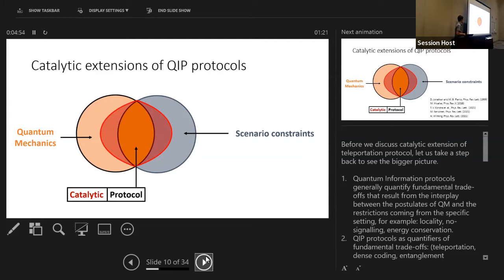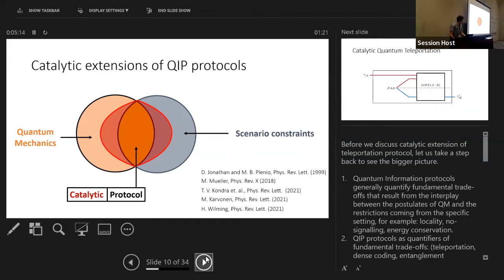This as a whole allows us to look at catalytic extensions of protocols, which try to get out of this orange region and lift certain restrictions, either those imposed by quantum mechanics or those imposed by the scenario itself. This is what we will be trying to do for teleportation, and here we see some results which were going in this direction in recent years.